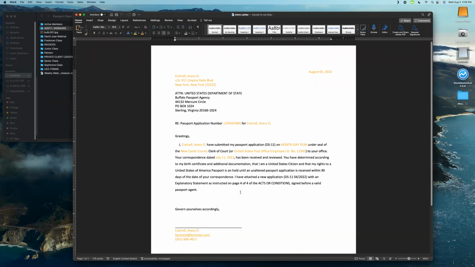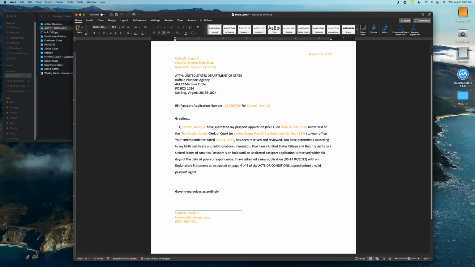Simple letter that you guys can type up. This is regarding passport application number, for Cottrell Avery Duvall. Of course, I always do last name, comma, first name, middle, because that is the creditor side of the debtor side.